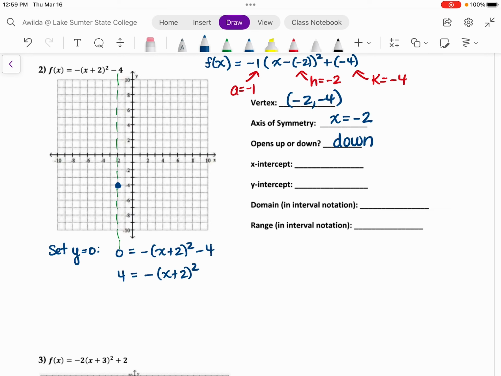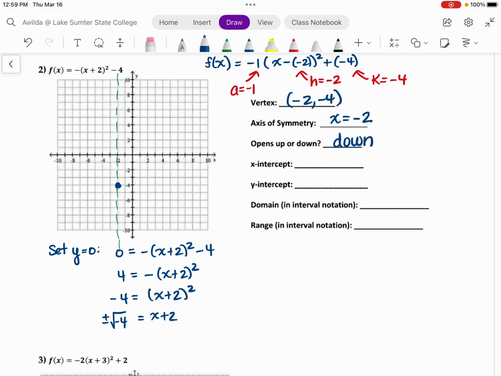And if we multiply both sides by -1, we get that -4 is equal to (x plus 2) quantity squared. Now using the square root property, we get that x plus 2 must equal plus or minus the square root of -4. And we pause and see that we have an issue.